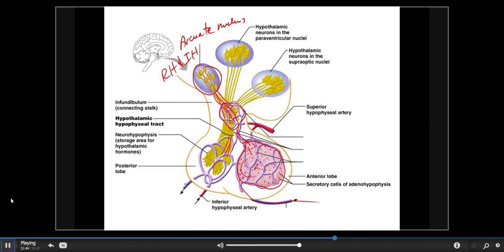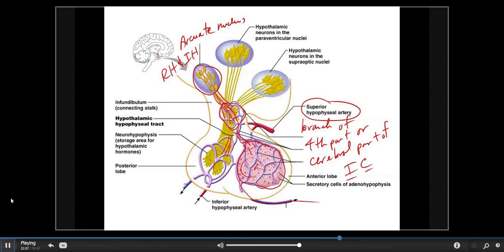Also notice how the pituitary gland is supplied by a so-called superior hypophyseal artery. This blood vessel is a branch of the fourth part, or the cerebral part, of your ICA. IC stands for internal carotid. You may recall in my discussion in the skull session, I addressed the carotid canal and how the internal carotid goes into there.